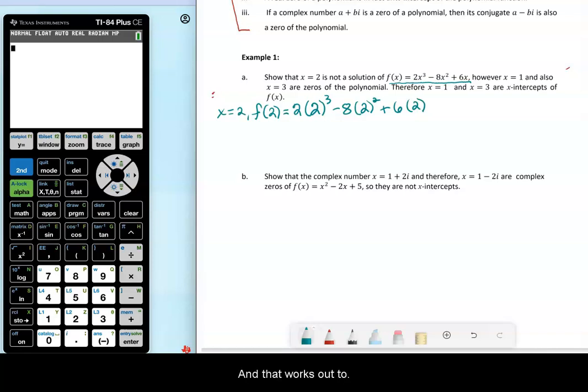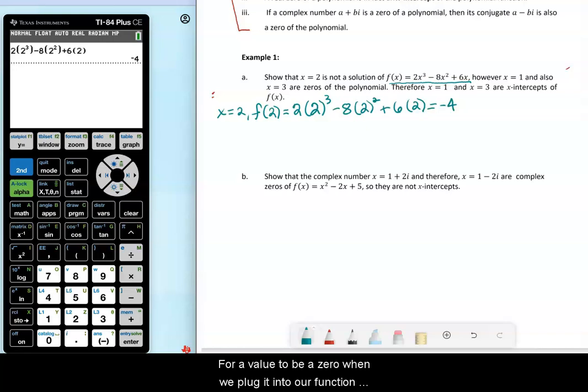And that works out to 2 times 2 cubed on our calculator minus 8 times 2 squared plus 6 times 2. That's negative 4. For a value to be a 0, when we plug it into our function here, it should equal 0. This does not equal 0, therefore it is not a 0 of the function.